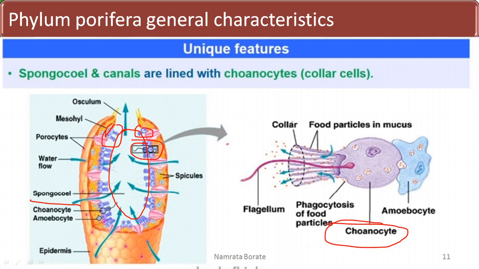This choanocyte cell is also called a collar cell. There is a presence of mucus along with the choanocyte cells. The food particle is attached in the mucus. Phagocytosis of the food particle takes place in the choanocyte cell.